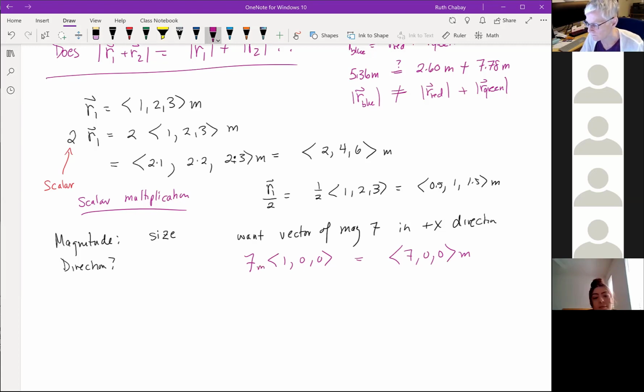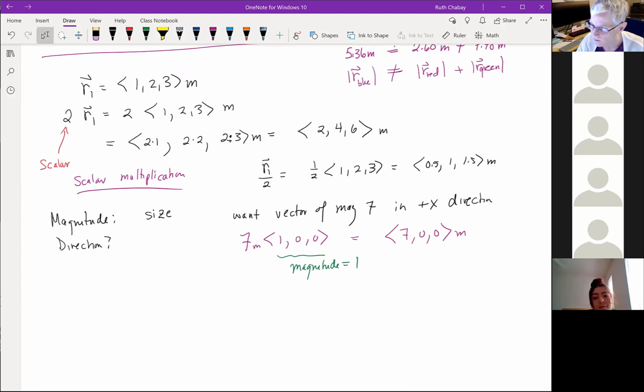The special thing about this vector is its magnitude is 1, because the square root of 1 squared plus 0 squared plus 0 squared equals 1.